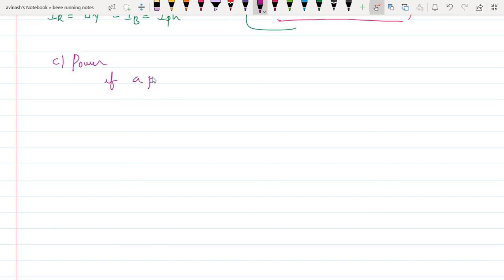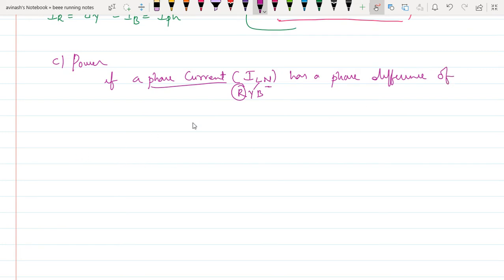Always remember, one line to neutral, any line to neutral, either R, Y or B, is called a phase.